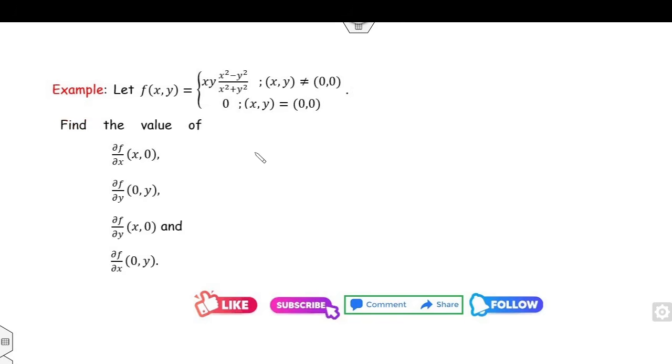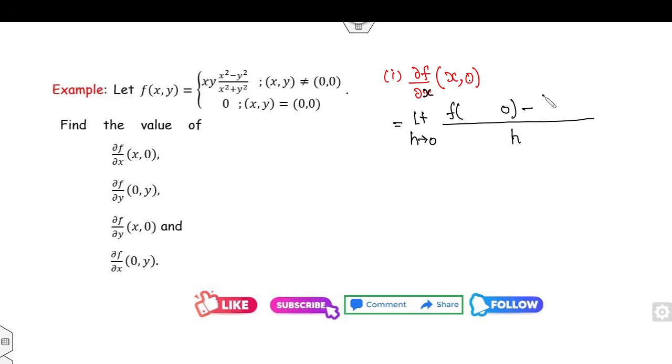Look at another case. Again, this is a case of the two cases. So I can find the first part, del f upon del x at the point (x, 0). That is the limit as h approaches 0. Now the partial derivative with respect to x, keeping the y value fixed. Now I can take whatever the value of this point plus h, and this is my value of this, so that the difference is h.